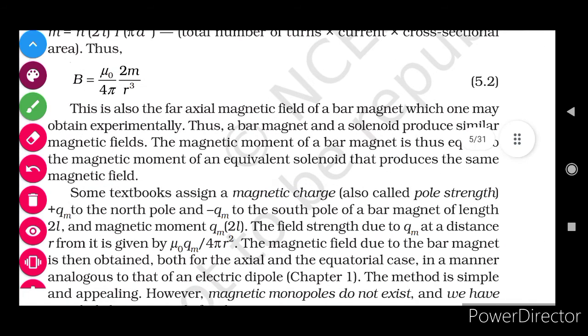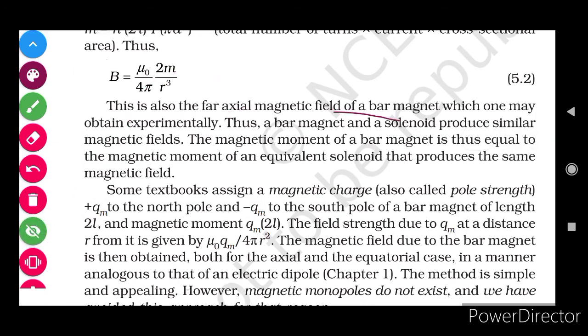This is also the far axial magnetic field of a bar magnet, which one may obtain experimentally. If we obtain the expression for the axial point magnetic field of a bar magnet experimentally, we'll get the same result. We'll also do it later in this chapter by comparing with the electric dipole, and you will see that we get the same expression for magnetic field as for the solenoid.